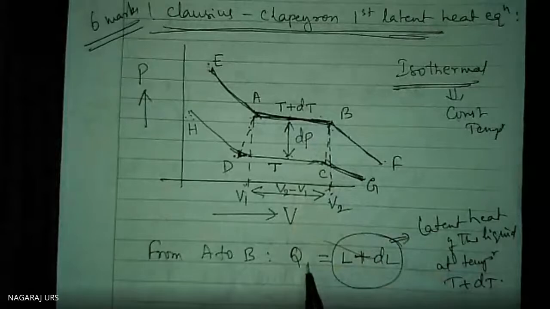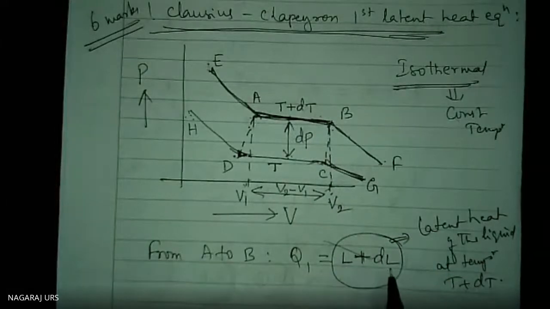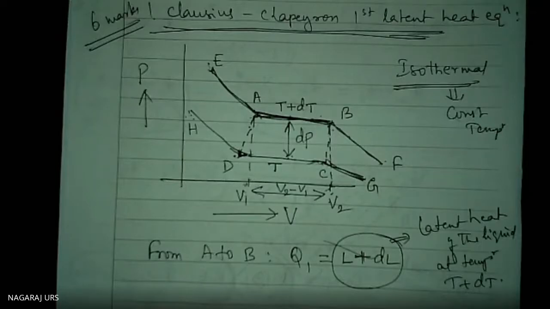It is utilizing the heat energy that is given by L plus dL, the latent heat of the liquid at temperature T plus dT, because from A to B the temperature remains constant, that is T plus dT.